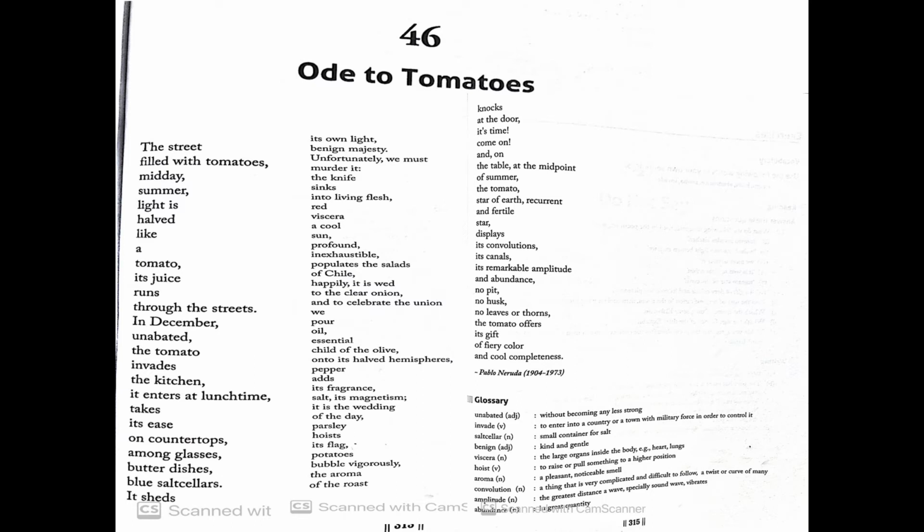Happily, it is weighed to the clear onion, and to celebrate the union, we pour oil, essential child of the olive, onto its halved hemisphere. Pepper adds its fragrance, salt its magnetism.